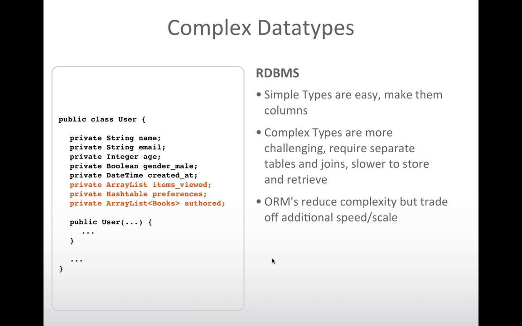So dealing with a complex data type in a relational database has always been a very complex thing. And what we have done in many languages is we build ORM, the object relational mapping tools. Typically, if you look at this Java class, you have a set of basic attributes: name, email, age, gender, and date of creation.